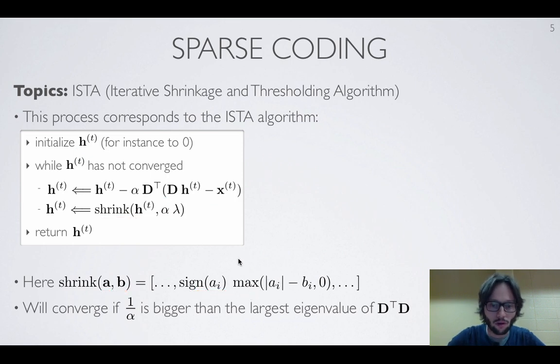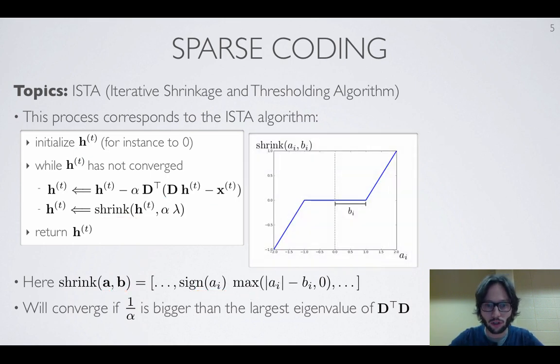Okay. So visually, this is what the shrink function looks like. If the input of the shrink function, the part in a here, is smaller than b_i, which in this case b_i corresponded to 1, so b_i would be this alpha times lambda here. If it's smaller than that value in absolute value, so it's within this interval, then the shrink is going to output exactly zero.